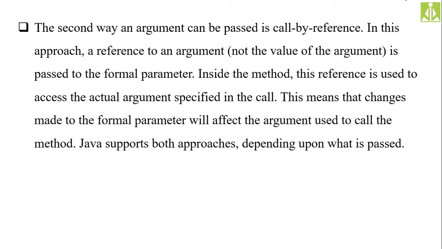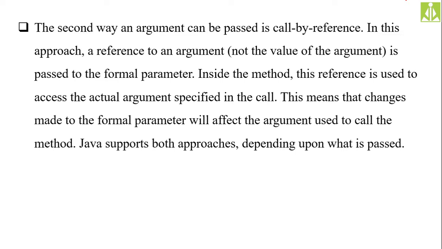So now when you pass the complete memory location, what will happen? The values will not get copied from actual parameters to the formal parameters. Instead, the formal parameter itself becomes the memory location. The formal parameter itself takes the memory location of the actual parameters.